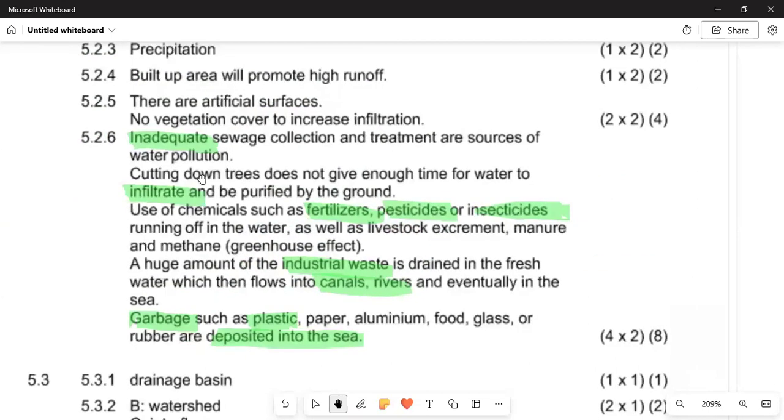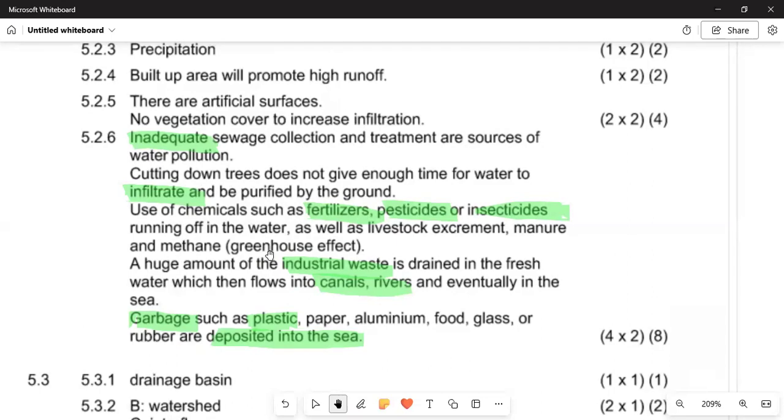Number 2, cutting down trees does not give enough time for water to infiltrate and to be purified by the groundwater. There is always runoff. The other factor, the use of chemicals such as fertilizers, pesticides, or insecticides, runs off into the water, as well as livestock excrement and manure, and methane, which produces the greenhouse effect.